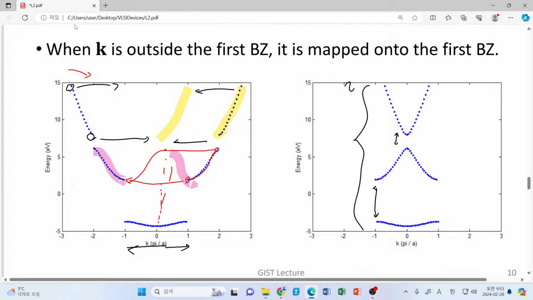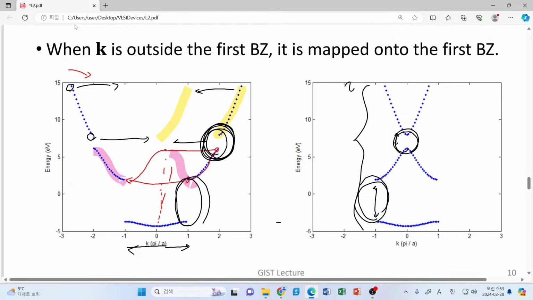But please note, why do we have an energy difference? The origin of this difference does not actually come from k equal to 0; it comes from the difference here, and the difference shown here is okay because it is occurring here.